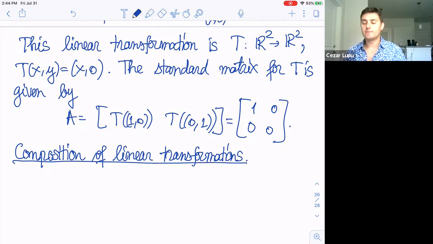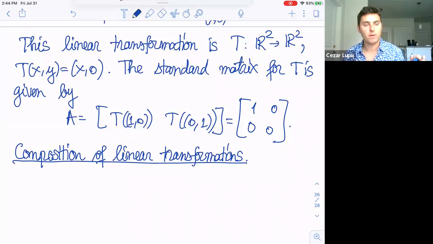You will see that the scenario is pretty similar to the one you know for functions, but instead of functions from R to R, or some intervals that you learned in pre-calc or calc, now we'll deal with the composition of linear transformations.